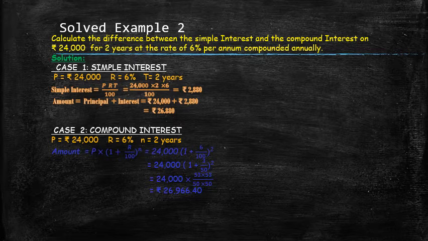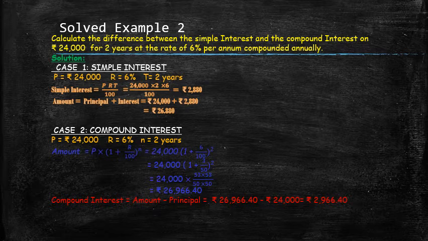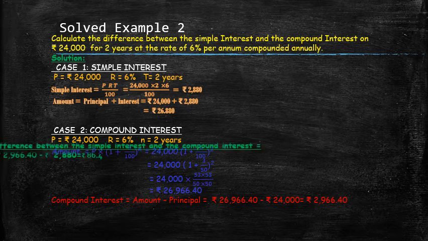That is the amount. To get the compound interest, we have to subtract amount minus principal. That's equal to rupees 26,966.40 minus rupees 24,000, which is equal to rupees 2,966.40. So we got in both the cases the simple interest as well as the compound interest. Now the question is to find the difference between the simple interest and compound interest.